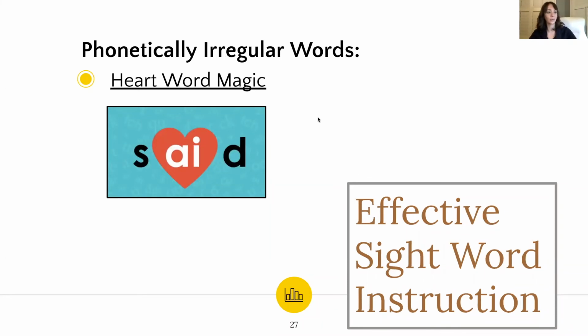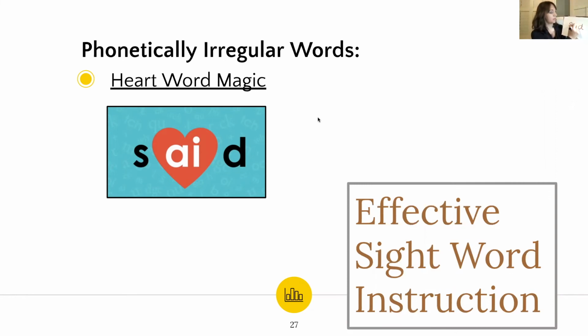So this is really growing in popularity right now, but it reminds me so much of when I was back teaching dyslexia. If we did the word said, for example, what I would do with my kids is write the word said, and then they would use maybe a red or a different color to write the tricky sound.